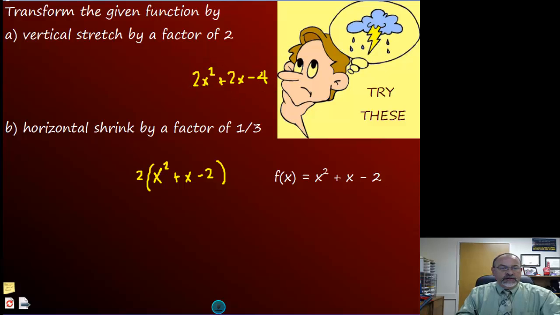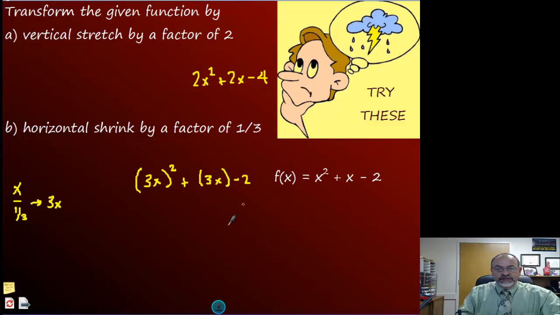Okay. Now, a horizontal shrink of 1/3, again, we're going to replace that with x over 1/3, which means I'm going to replace every x value with 3x. So I'm going to take 3x squared, replace that, plus 3x minus 2.